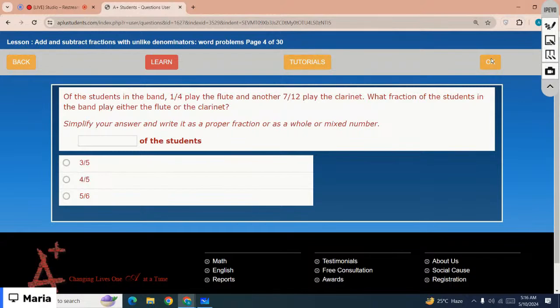That is 5 by 6. The correct option is 5 over 6.